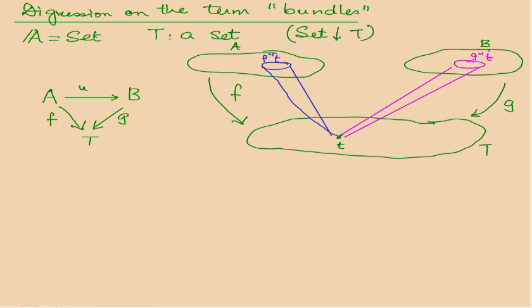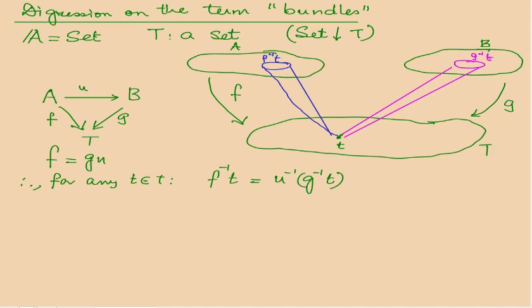So what is this equation? This is telling me F is GU. So therefore, for any T, we know F inverse T is U inverse of G inverse of T.